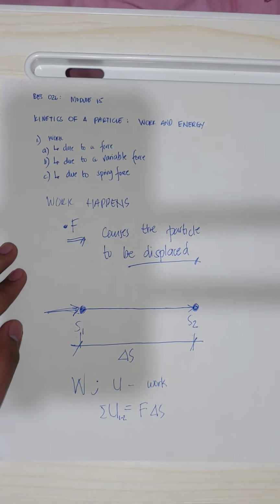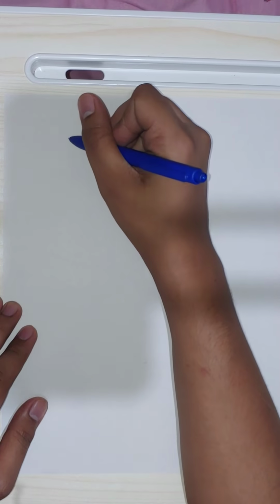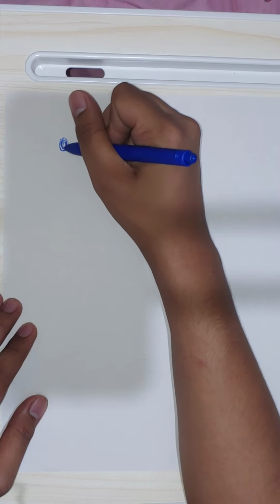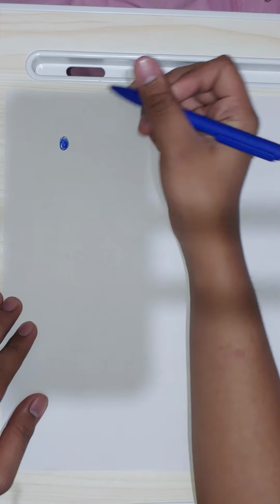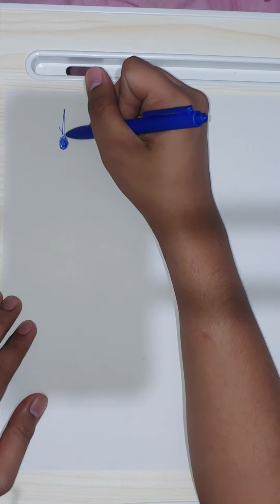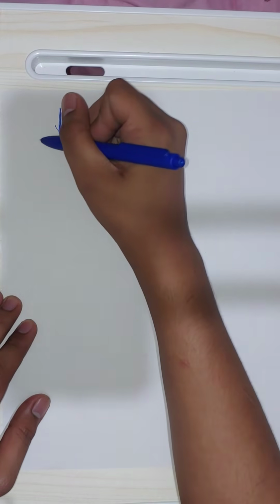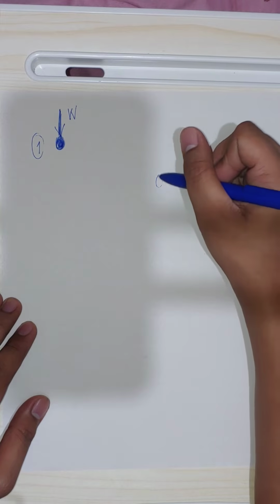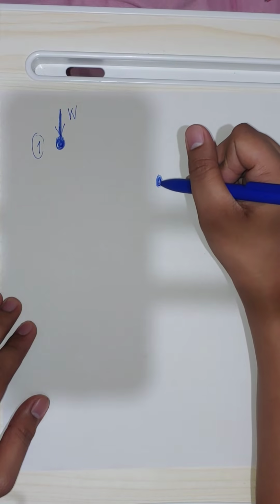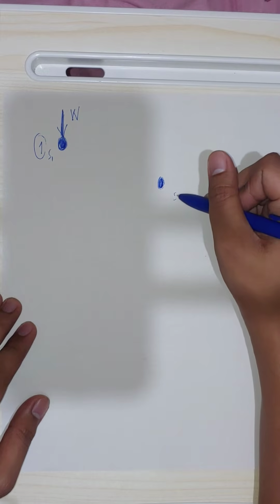Let's discuss further. If we have a particle over here, and it has a weight, let's say W. Let's say this is the starting position of the particle, and then it moved from this position here to here, S1 and S2.